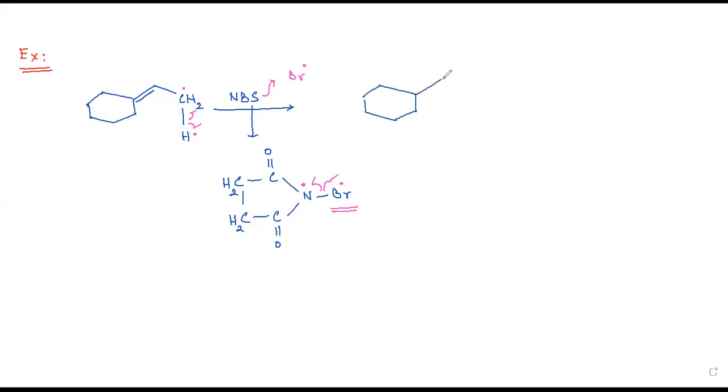And now, see, we got CH2 free radical, right? This is the free radical we got. Now, this is a 1 degree free radical, which is in fact less stable, isn't it? Now, this, of course, can be rearranged. How?